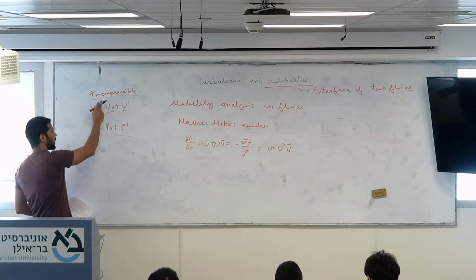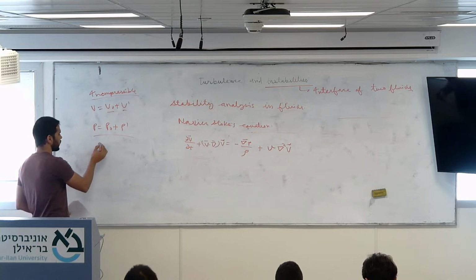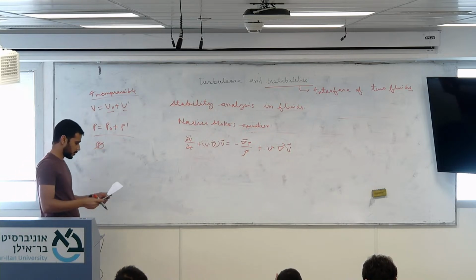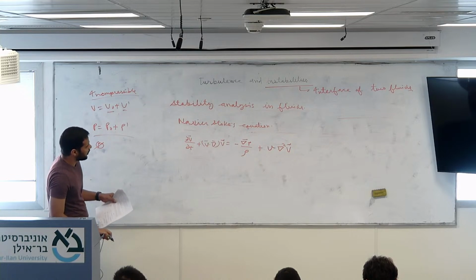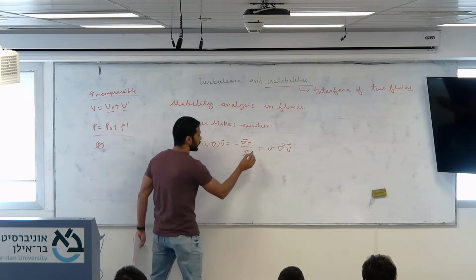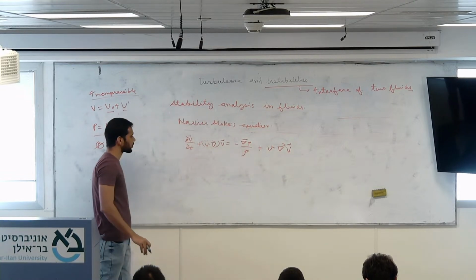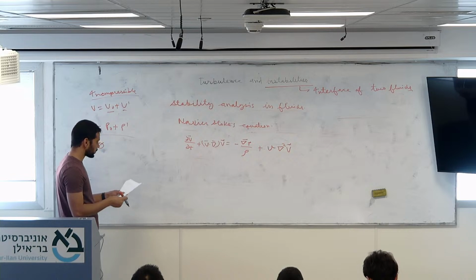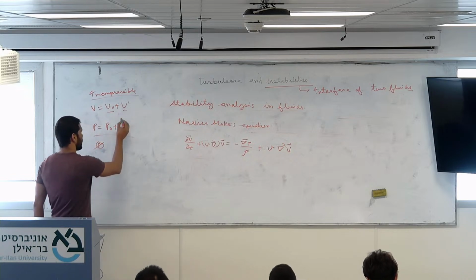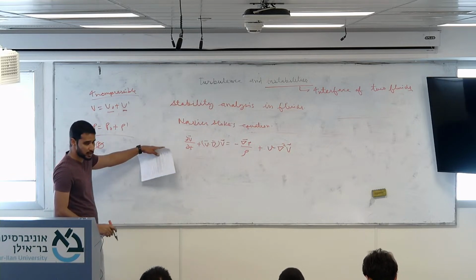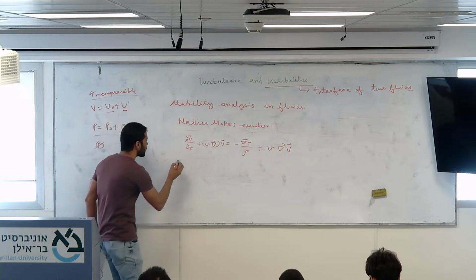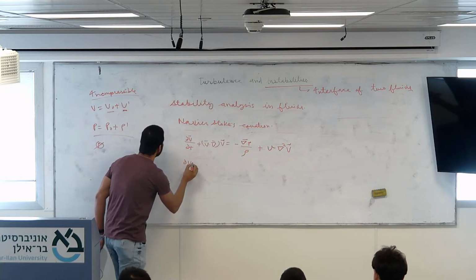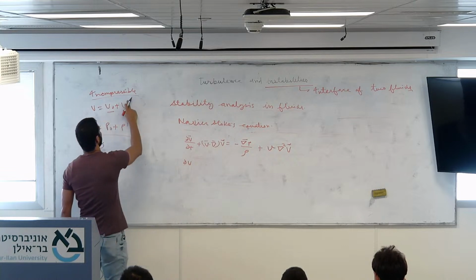Because the fluid is incompressible, we don't have density perturbations anymore. And we have just molecular viscosity nu. If you perturb V, the equation for the perturbation becomes, let's call it V1.